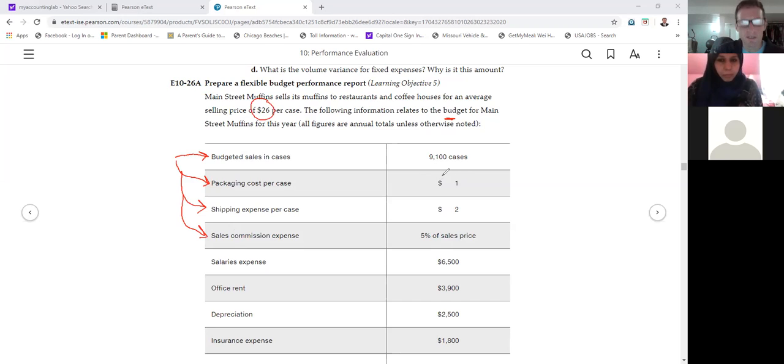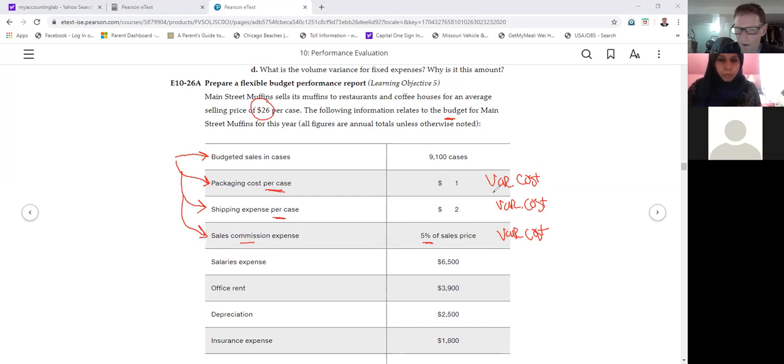If you were approaching this, you would need to know that that is a variable cost, and that's a variable cost, and that's a variable cost. And I know I'm doing this quickly with you, but how do I know that those are variable costs? Because it says per case. And of course, sales commission expense, this is 5% of whatever the sales price is, okay?